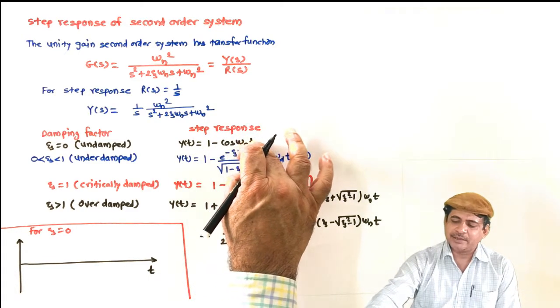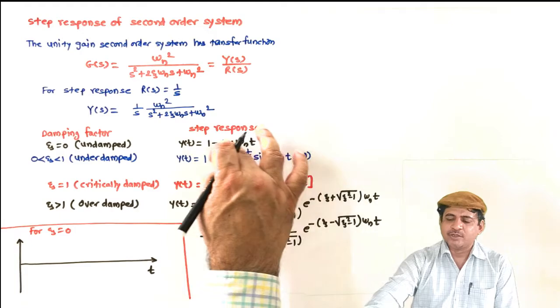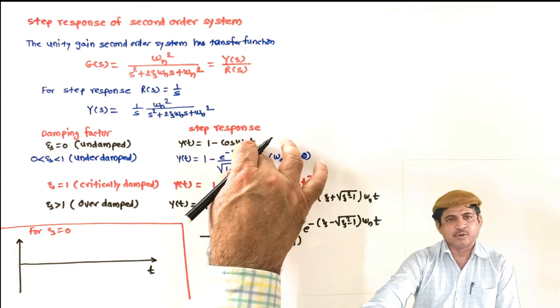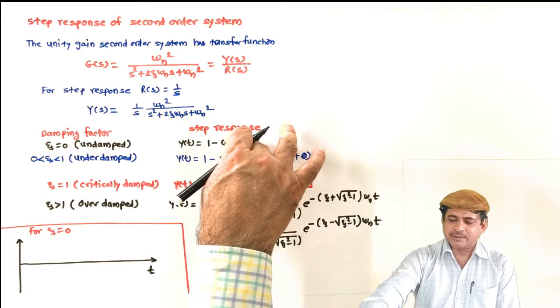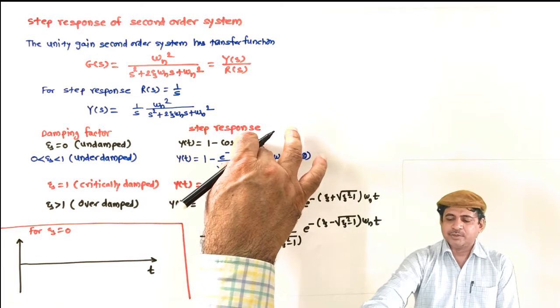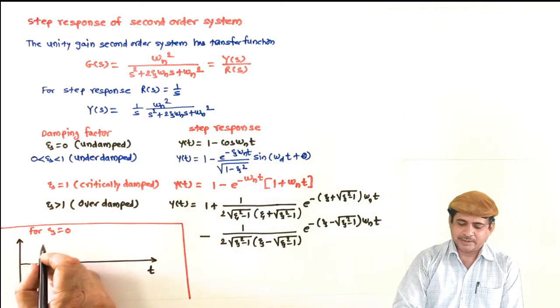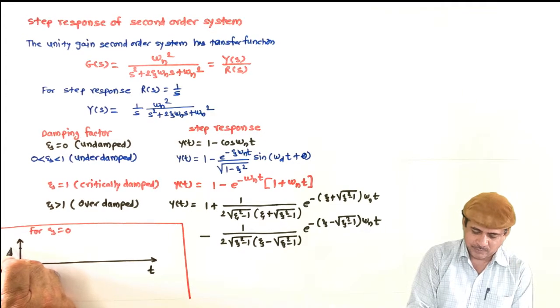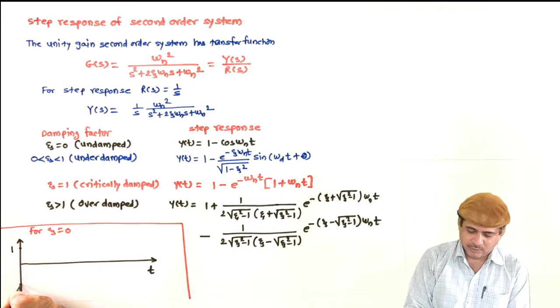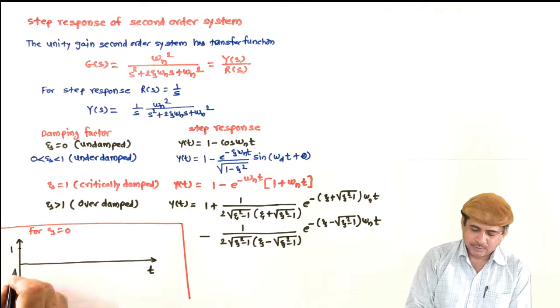When omega n t is equal to 0, when t is 0, cos 0 is 1, 1 minus 1 is 0. And when this becomes pi by 2, at that time it will reach 1. So the steady state value will be 1 and the maximum value will be 2.